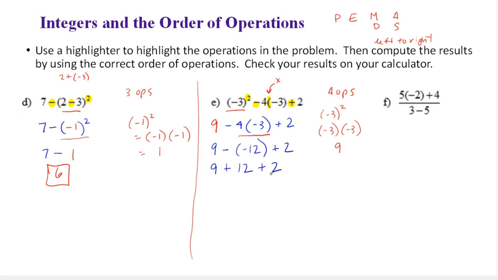So now we'll perform these from left to right. And actually, when it's all addition, you can perform them in any order you want, but left to right always works too. So 9 plus 12 is 21. Bring down the plus 2, and 21 plus 2 is 23. And that is our final result.